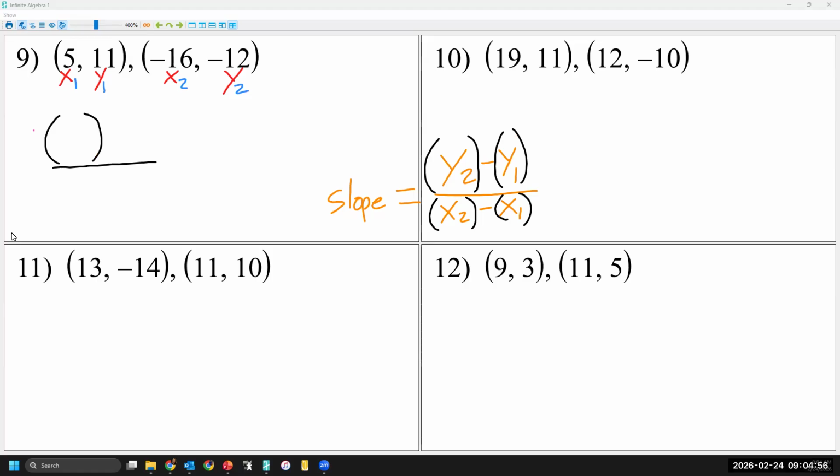So parentheses, parentheses, parentheses minus parentheses. The first one right here is y2. If I look up here, where's y2? It's right there, and y2 is negative 12. So I'm going to put negative 12 in that parentheses.